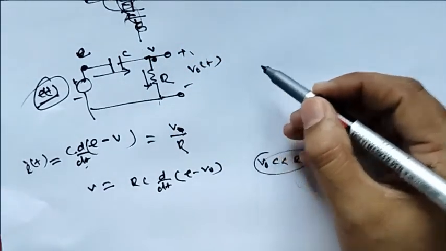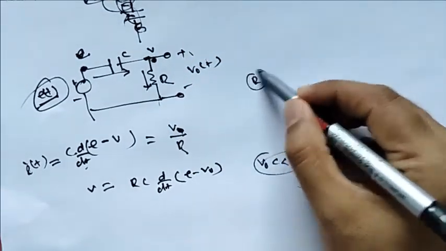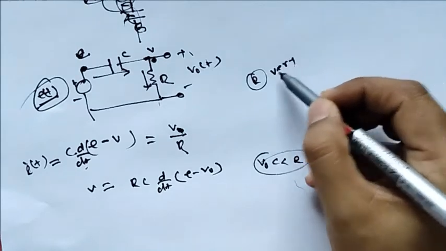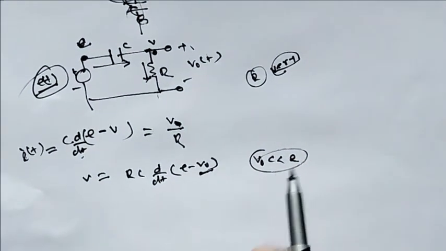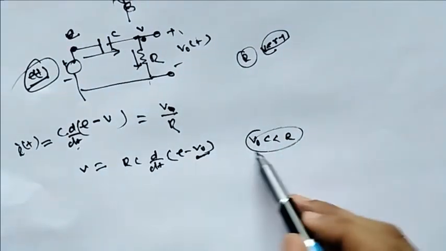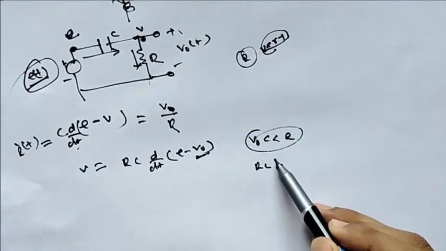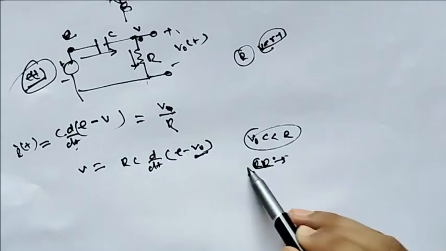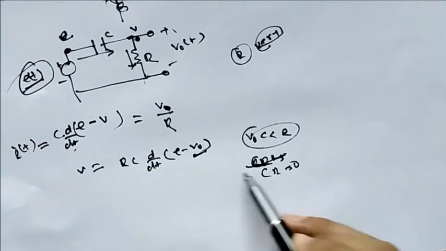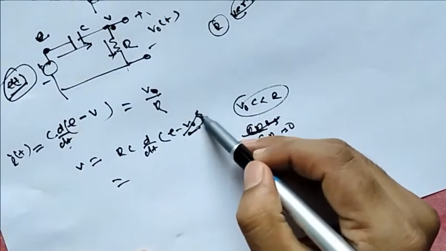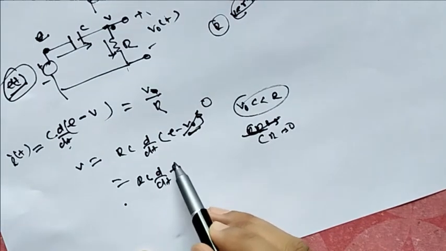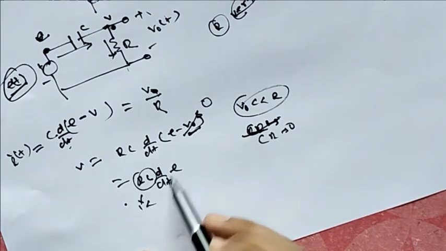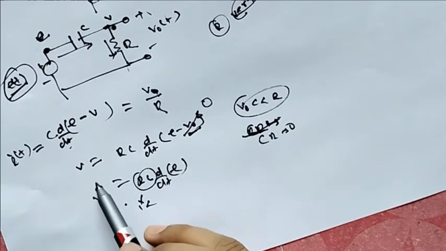Once you take R very less, then only we can get V0 very less, or the combination of RC must be tending to 0, then only you are going to get a differential. If this becomes 0, then RC d/dt of E, this is some constant, and it is going to differentiate that function.